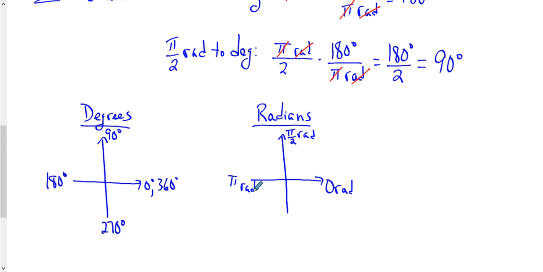Any idea? We didn't convert that. Well, if we did the conversion, I'll just show you. That comes out to 3 pi over 2 radians, right? All right, so 0, pi over 2, pi, 3 pi over 2, and then all the way back around would be 2 pi radians.